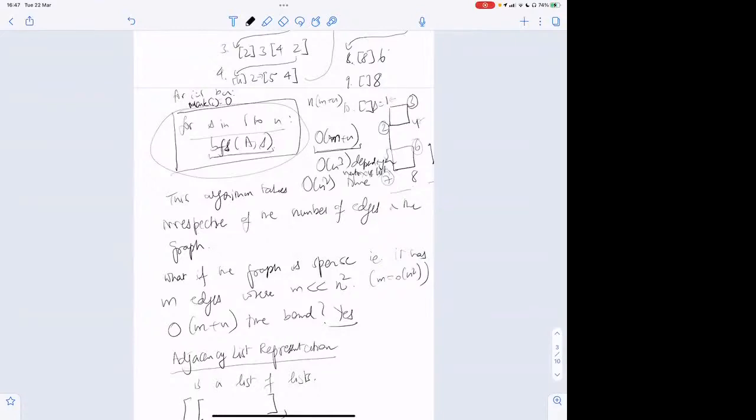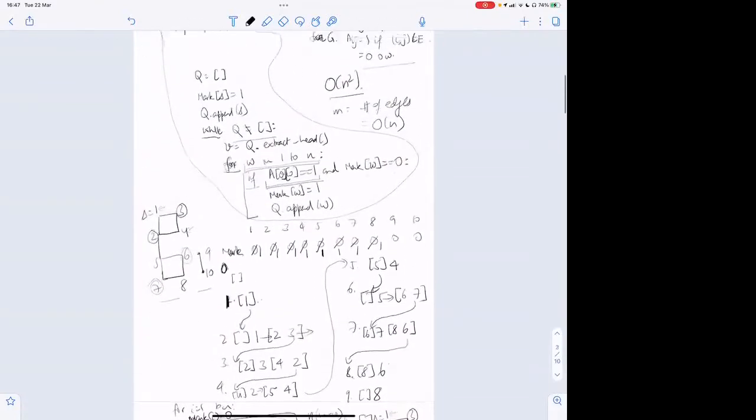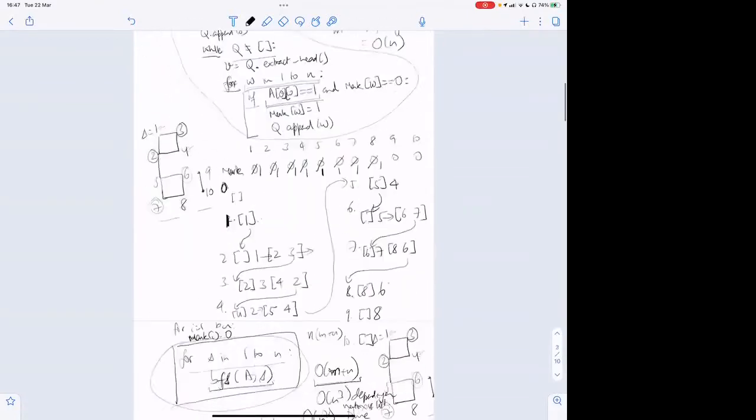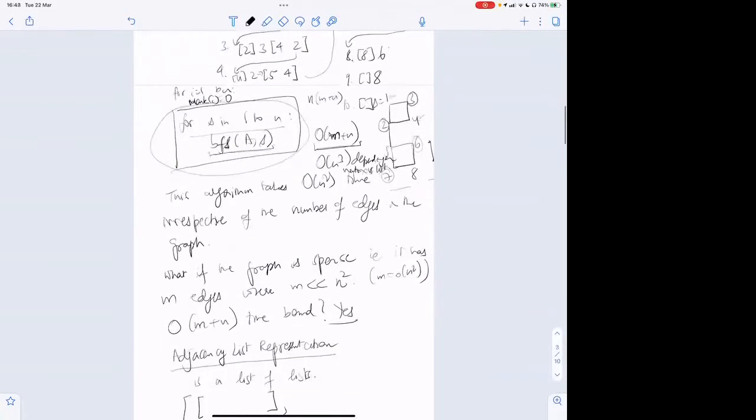Yes, I think I understand. The loop will be executed. It will be checked for whether it's marked or not. Yes, sir. So that's a good point. And moreover, I should have said this not BFS A comma S, but list comma S or something. So now we are doing it with that adjacency list. You understand, no?